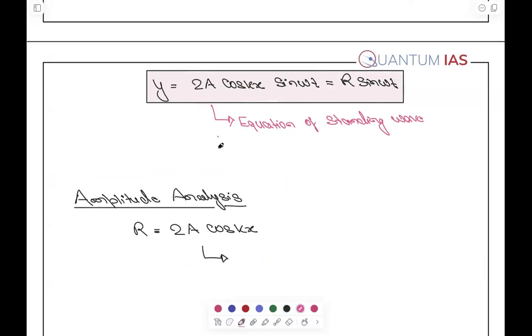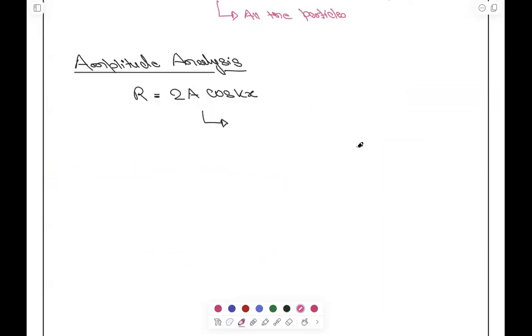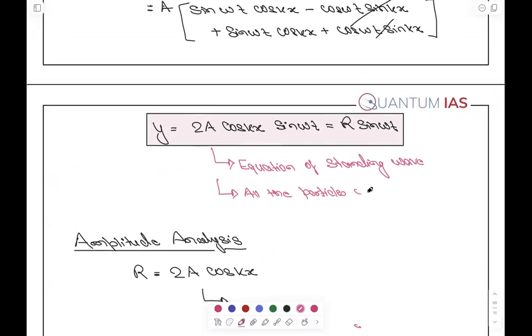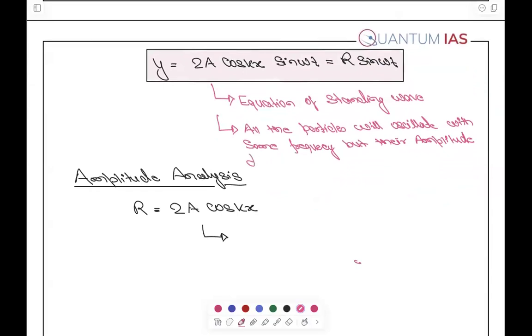Okay, yes, sir. I mean, from this equation, can I write that all the particles will oscillate with the same frequency, but their amplitude depends upon their position.